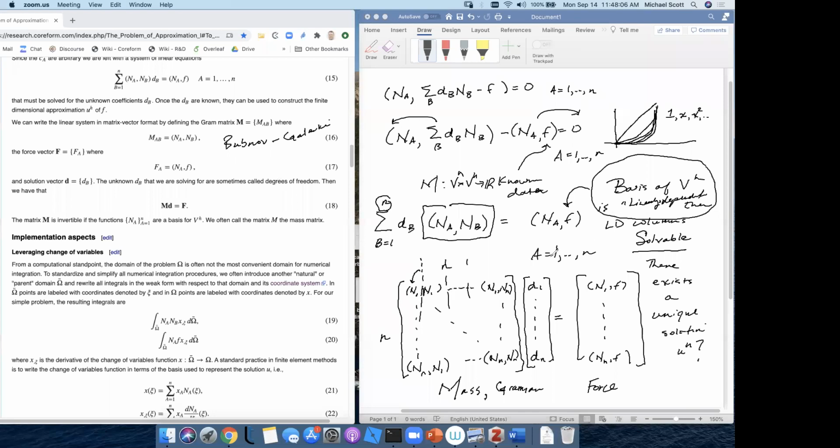Okay, so that's one problem. What happens if our basis is linearly independent, our basis is good, but we have problems in our row space? Let's say there are linear dependencies in our row space. How can that happen? Any of you finite element practitioners or scholars out there?